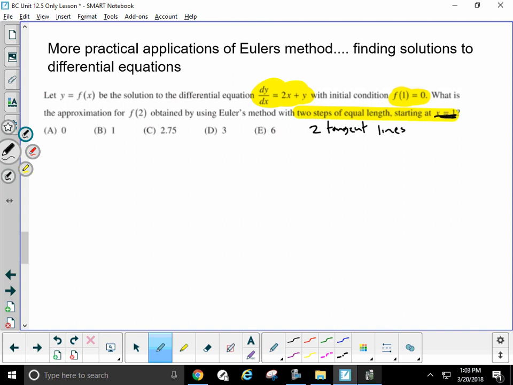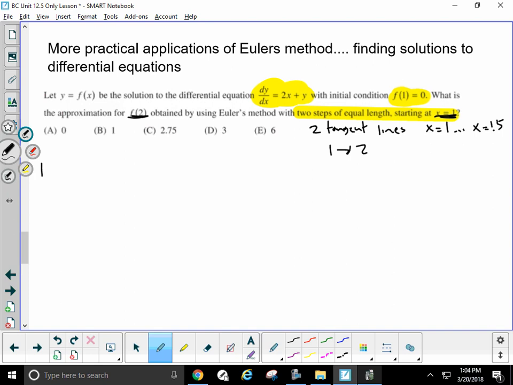You're starting at 1, approximating f of 2, so you're going to have two tangent lines, one at x equals 1, and the next one at x equals 1.5. If you're going from 1 to 2, that's a distance of 1. You have two steps to get there, so each step is a length of 0.5. This is our distance divided by 2. Okay?